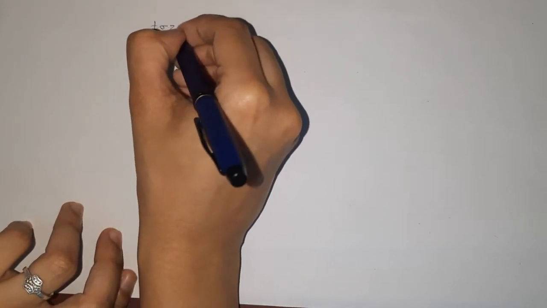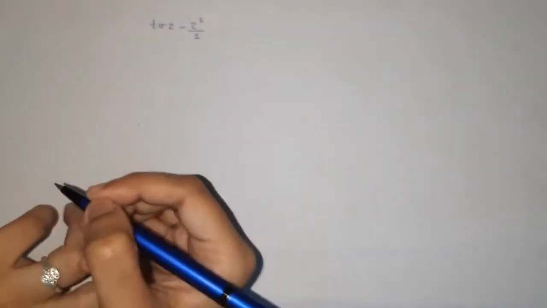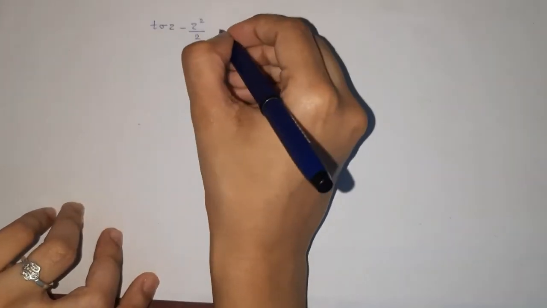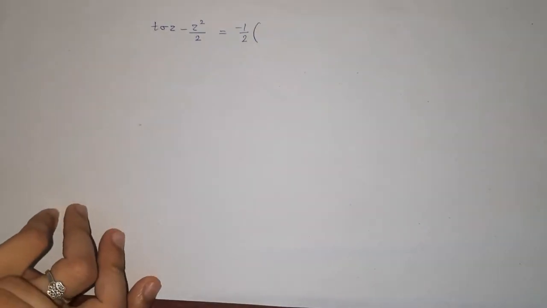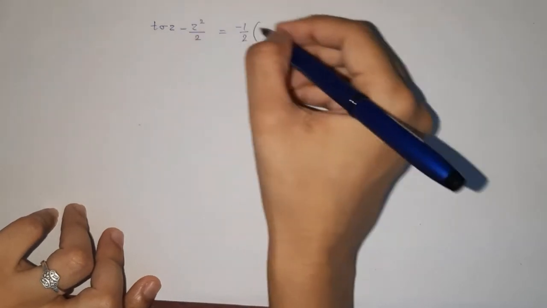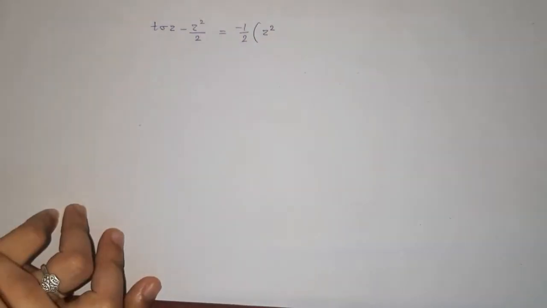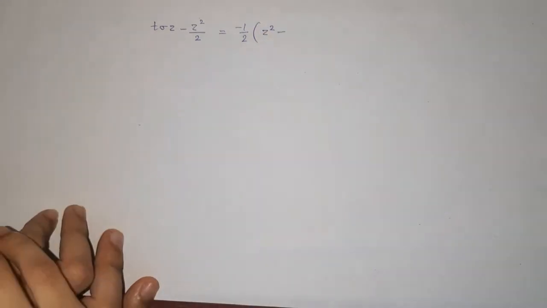So our exponent term was t sigma z minus z square divided by 2. From this term I am going to take minus 1 by 2 outside. If I take minus 1 by 2 outside, this term will be z square. Since there is no minus here, there will be a minus term.